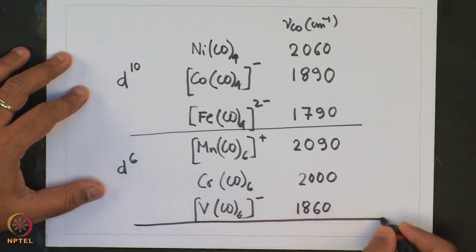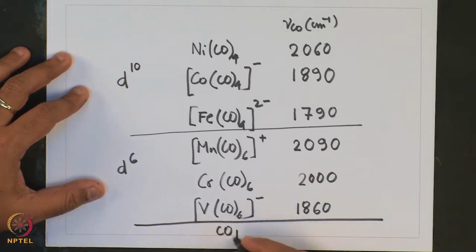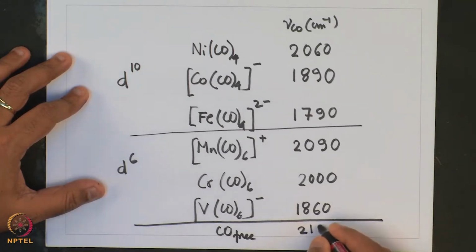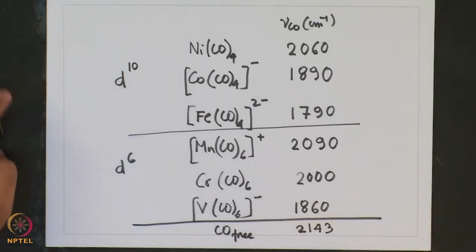So, just to give you a feel, for free CO where there is no back donation occurring, the stretching frequency is very high because of the triple bonded nature of the CO bond, and that arrives at 2143.